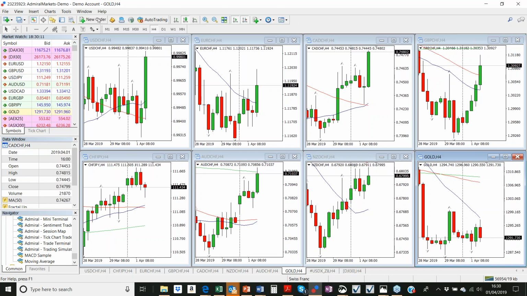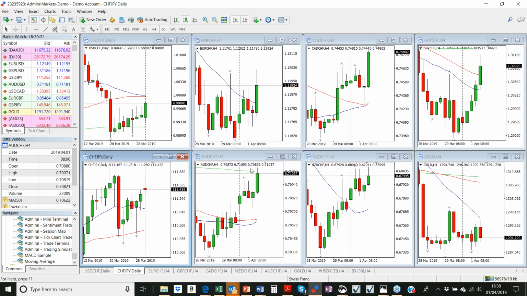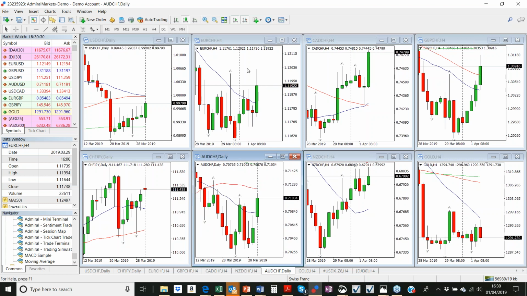We can see that in terms of Swiss franc, there's actually been a little bit of movement. I'm just going to move out to daily to have a quick look and put today's move into context.